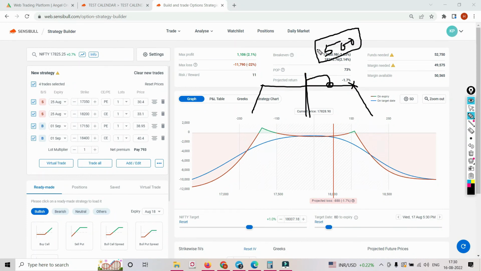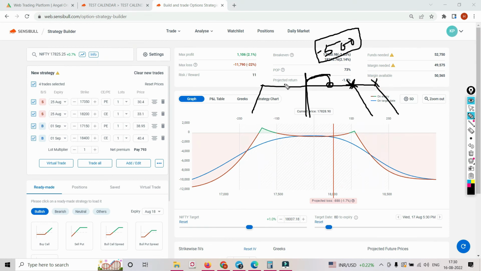So what you have to do is accept this loss by squaring off the call sell, and go whatever points it made. Let's say it made a 100 points move, go and sell one more call at 100 OTM and make your strangle balanced. That's it. You got my point?